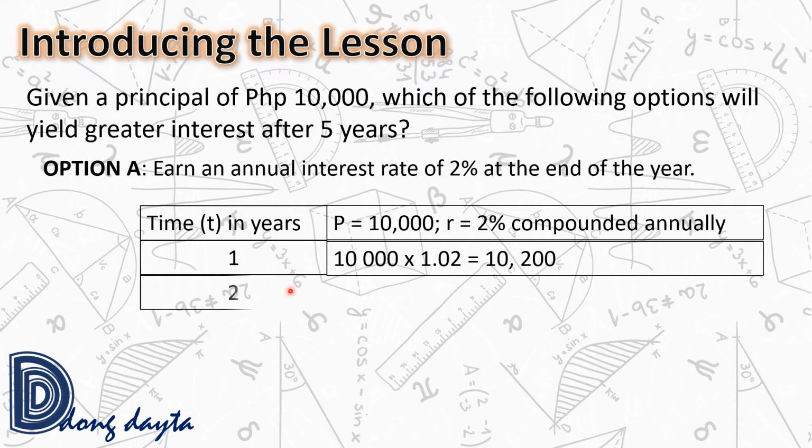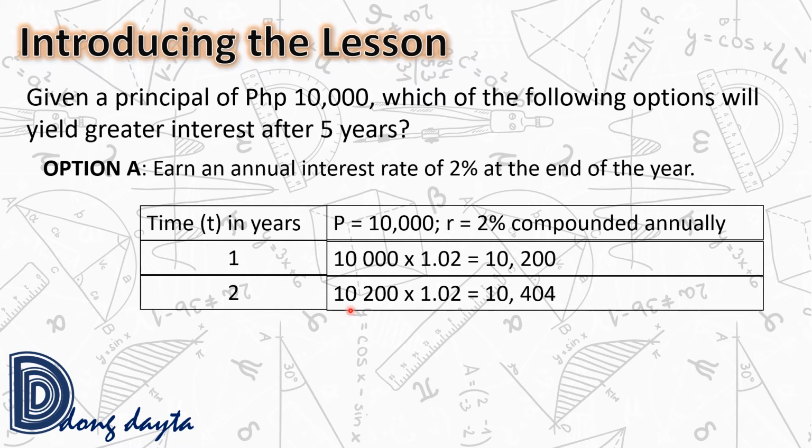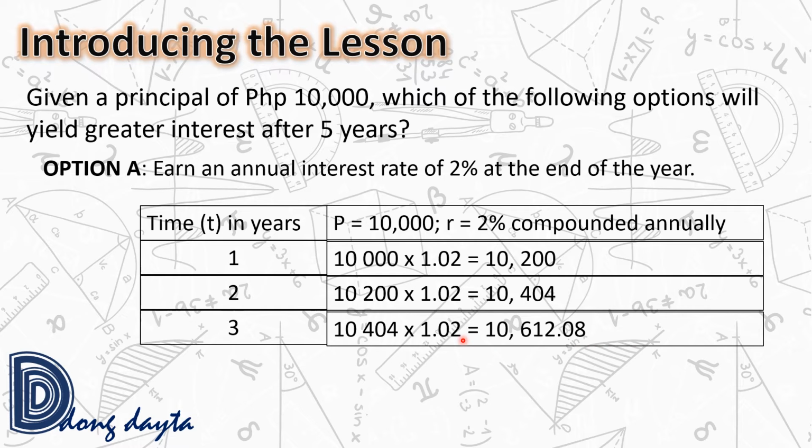Now at the end of the second year, the principal will be 10,200 times 1.02. For the second conversion, it becomes 10,404. At the end of the third year, 10,404 multiplied by 1.02, that will be 10,612.08.